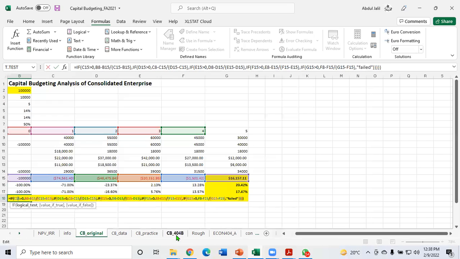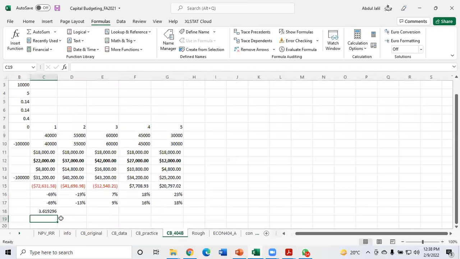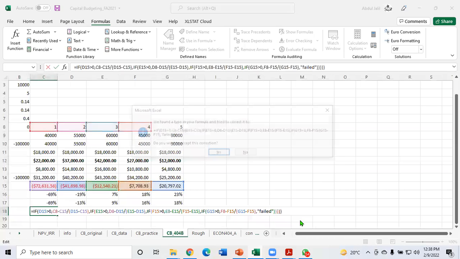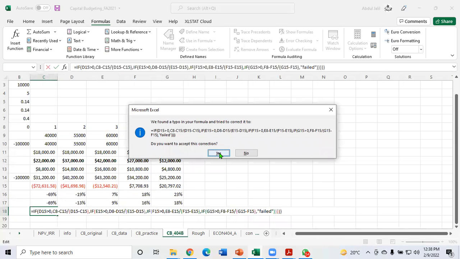We are copying this formula, so the last row is G15 minus F15, right, only G15 and F15, not more than this. So we have to find out K after enter. So in our formula, the last row should stop here, right? So we would need to delete this part. Otherwise, it is creating a problem. All right.